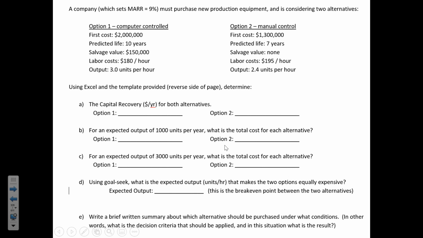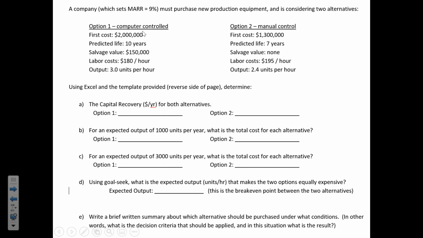So option 1 is computerized, option 2 is manually controlled. You could think of it as a lathe that is milling metal parts. The important thing is to understand that option 1, because it's computerized, costs $2 million, whereas the manually controlled one has a lower first cost.